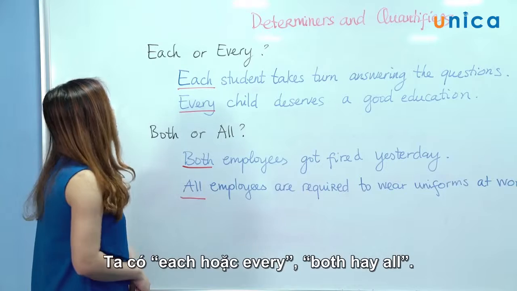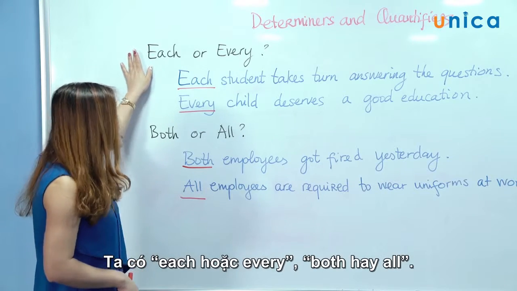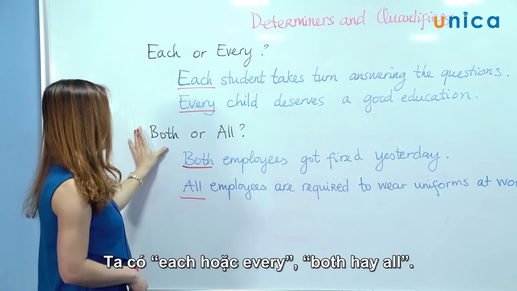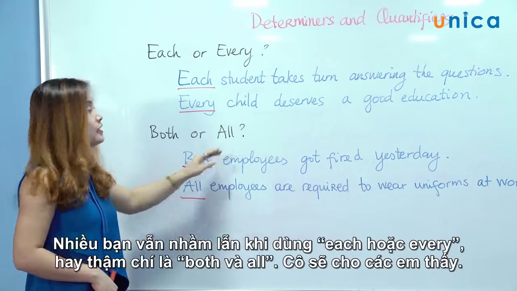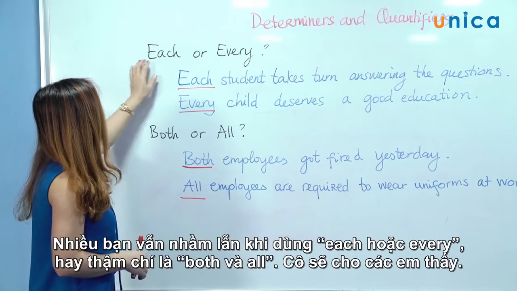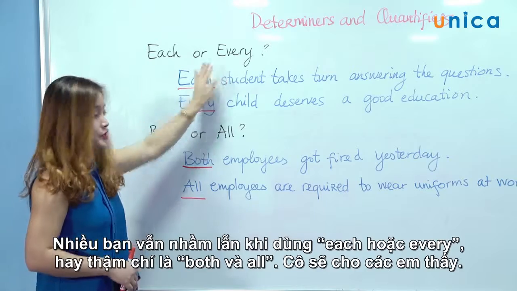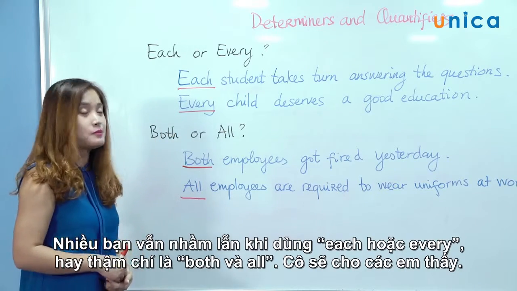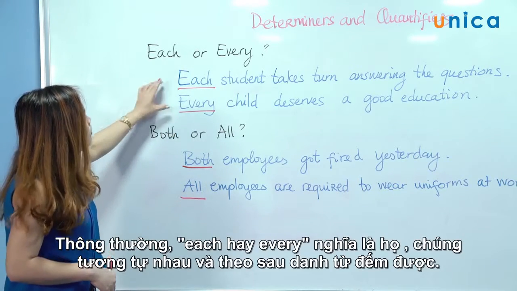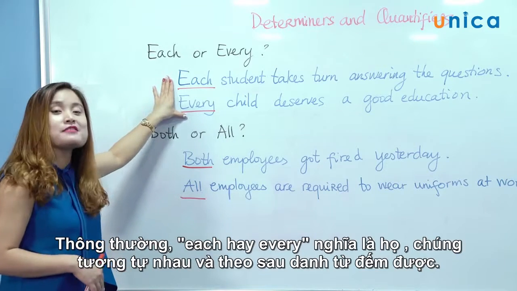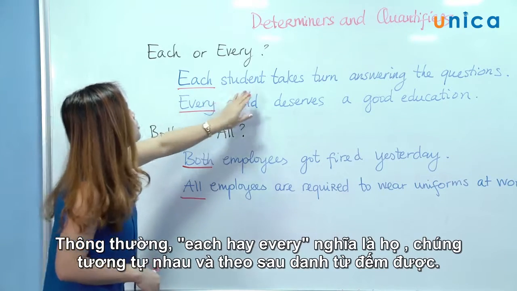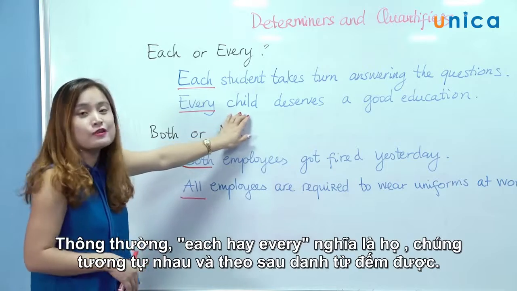Excellent. All right, next we have each or every, both or all. All right, so a lot of students get confused when you use each or every, or even both or all. Let me show you. Well, normally each and every, they mean the same. And they are followed by countable noun.